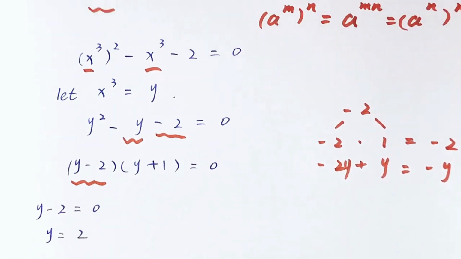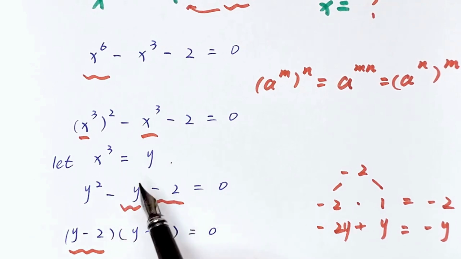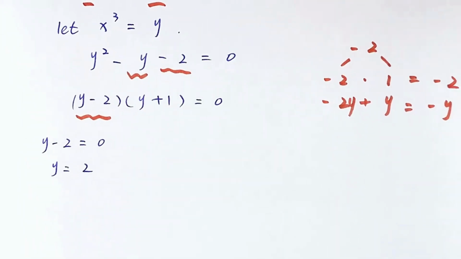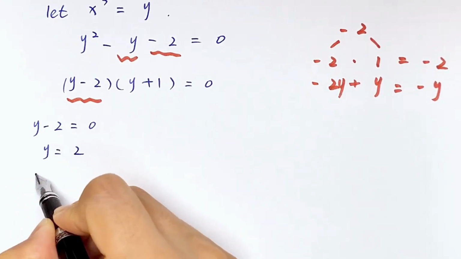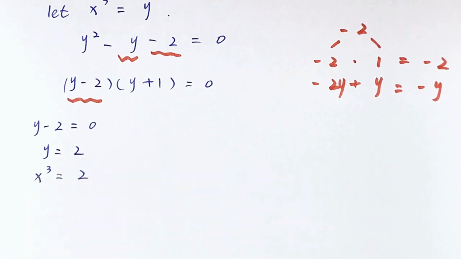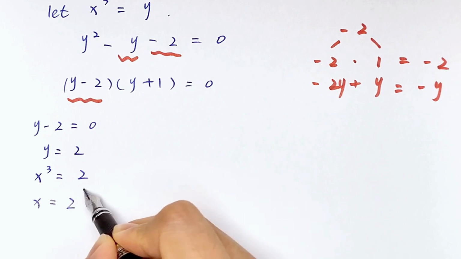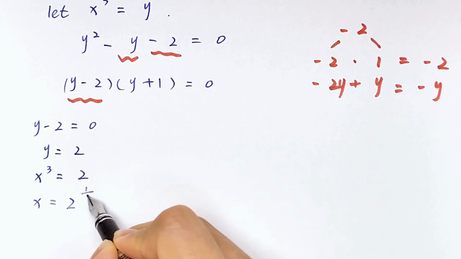Remember that before we let x cubed equal y. It means x cubed is equal to 2. So x is equal to 2 to the power 1 over 3.